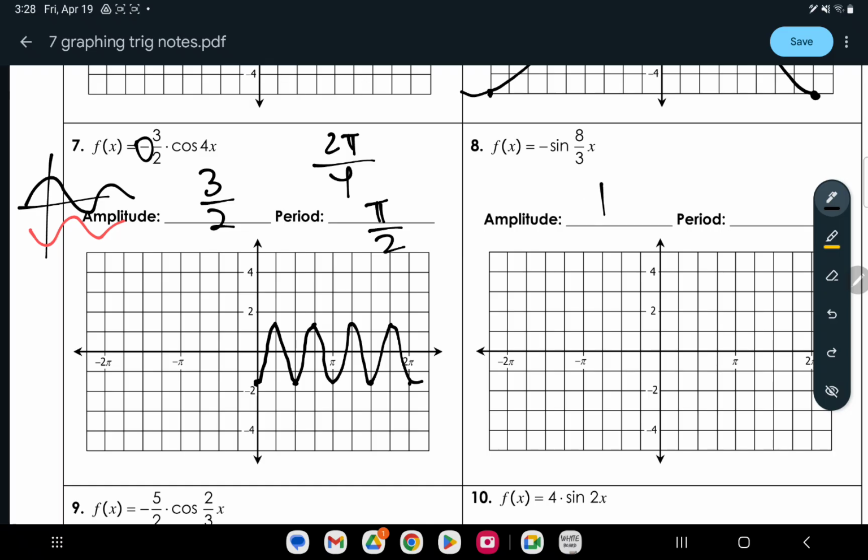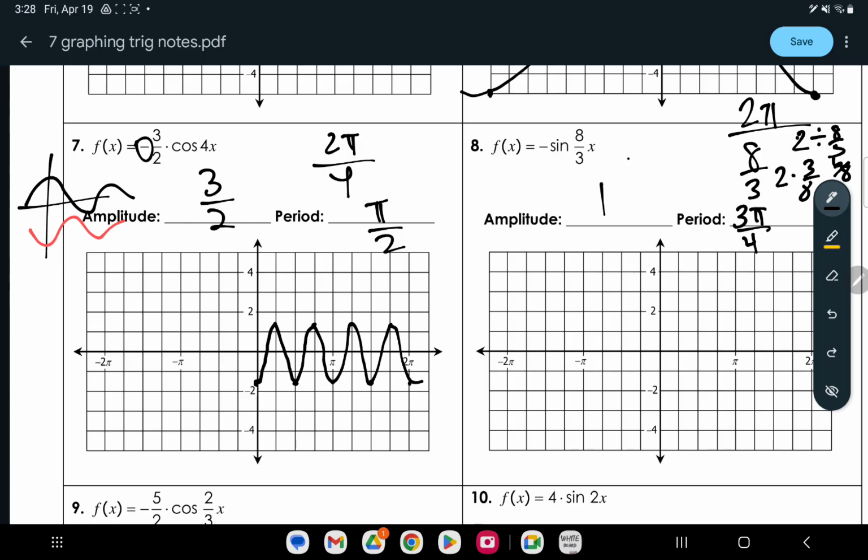Alright, amplitude is 1. Period is 2 pi over 8 over 3. So 2 divided by 8/3 is really 2 times 3 over 8, which is 6 over 8, which reduces to 3 over 4. So 3 pi over 4.